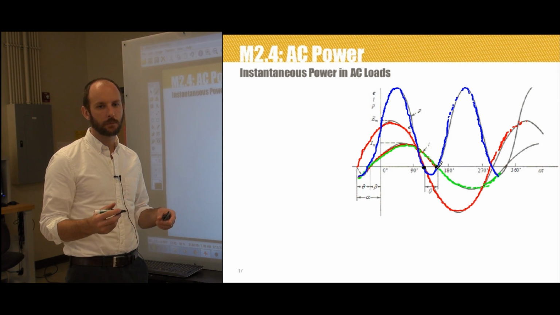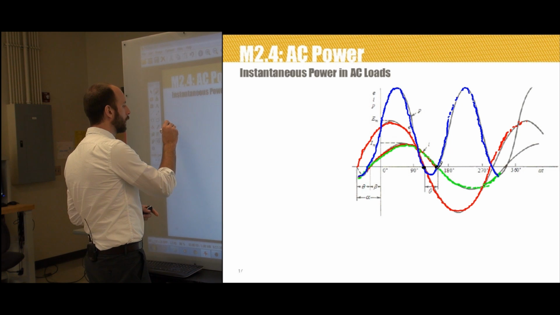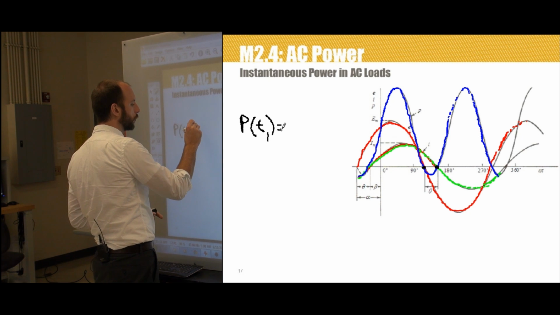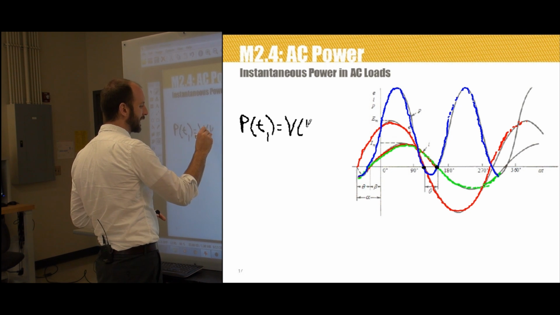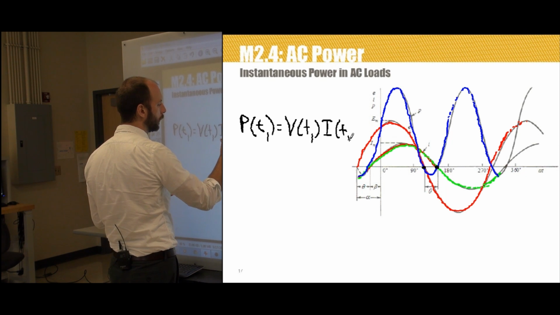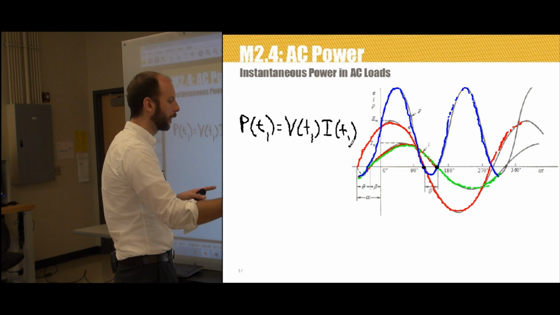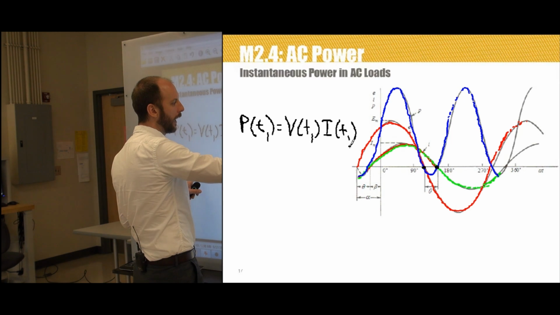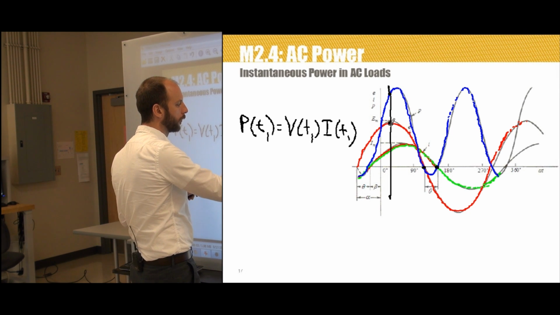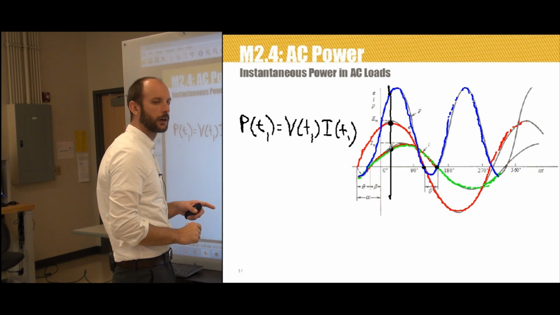If I wanted to write that as a math equation, I would write power at some time t1 is equal to voltage at that same time t1 times current at that same time t1. If I look anywhere on this graph, I see that power at this point right here is equal to the product of voltage right here times current right here.